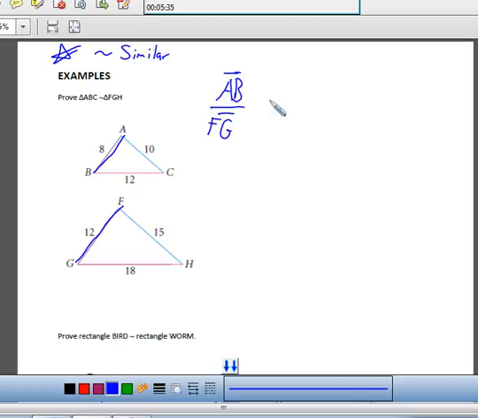So if I were to put these into a fraction or a proportion, when I plug the numbers in, what I'm going to get is something that's going to equal to all the other corresponding sides. So AC and FH go together, and then obviously you can tell the last two. So the last two would be BC and GH.